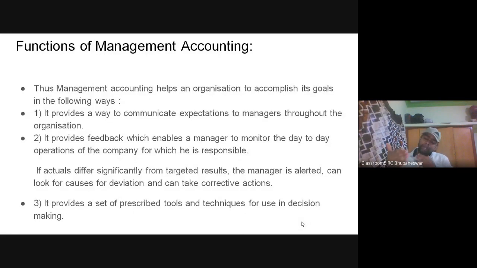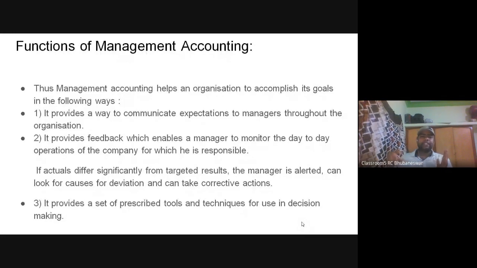But if it is identified negatively, that means we had given a target to produce 1000 units, but we got an output less than 1000, say 800 units or 500 units, then we will go and have an inquiry upon the same.